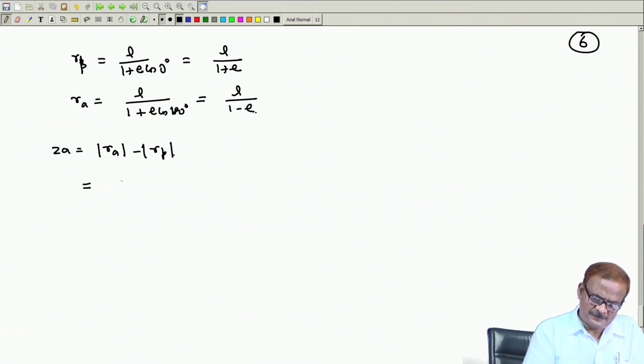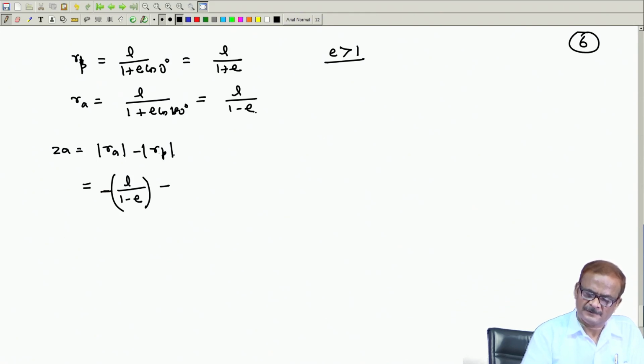So we have here r a equal to L by 1 minus e, but remember that e for the hyperbola is greater than 1, and therefore this L by 1 minus e becomes a negative quantity, so we put a minus sign here, and this is already a positive quantity. So we write it this way.